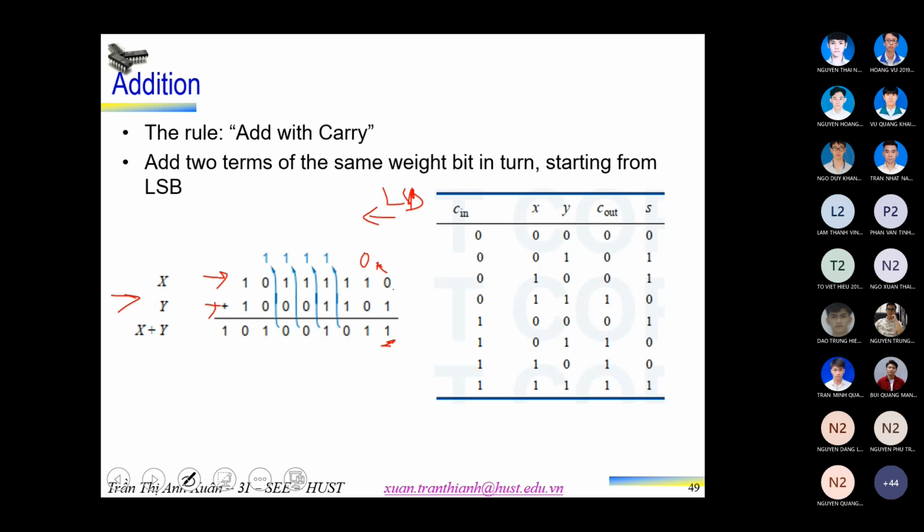The next bit, we add 1 plus 0, the sum is 1, and of course the carry out is equal to 0. Next we add 1 plus 0, and the result here is 0, and the carry out here is 1. So for the other bits, we have the final result, and you can see it on the slide.